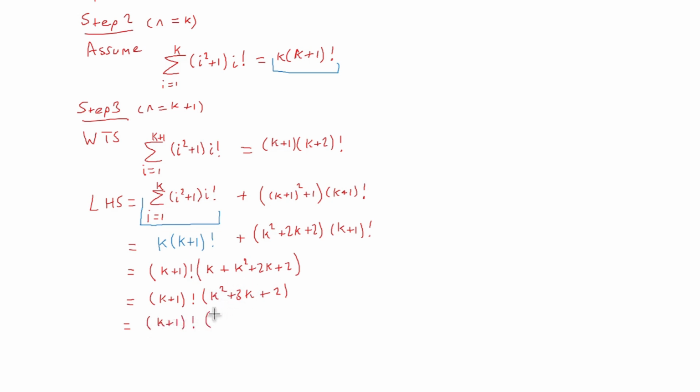And factorizing this is (k plus 2) times (k plus 1). But using the rules of factorials, (k plus 1) factorial times (k plus 2) is (k plus 2) factorial. And then I've still got this times (k plus 1) on the end. But now if I look back, that is exactly what I'm trying to show. So that is equal to the right-hand side of that statement.